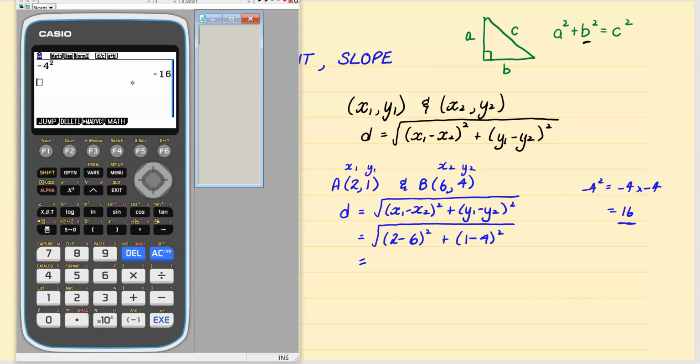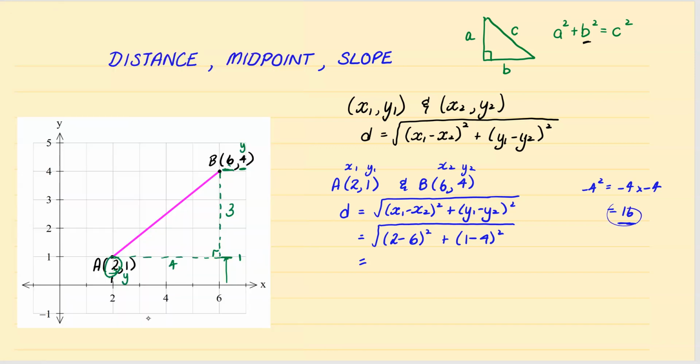Does that mean the calculator is wrong? Nope. It means you've entered it incorrectly. Technically you need to put brackets around minus 4, then squared, and then you'll get the correct answer. Personally, I just ignore the negative. If I was to have a brain fade and needed to work out what 4 squared was, I just ignore the negative because I know a negative times a negative will give me a positive.